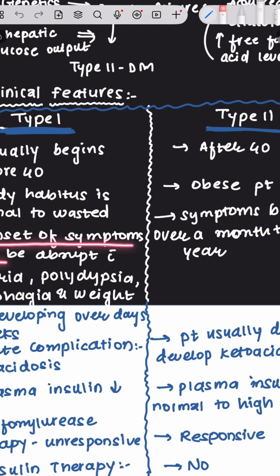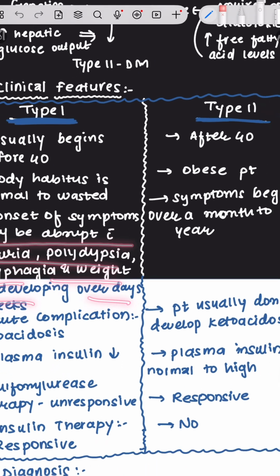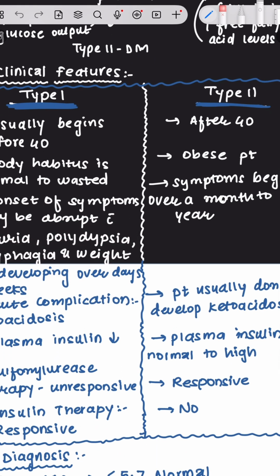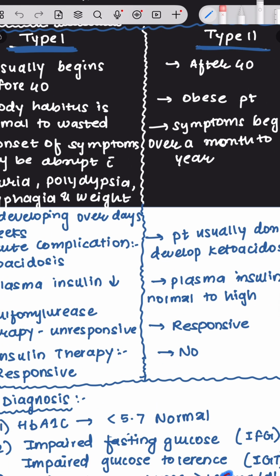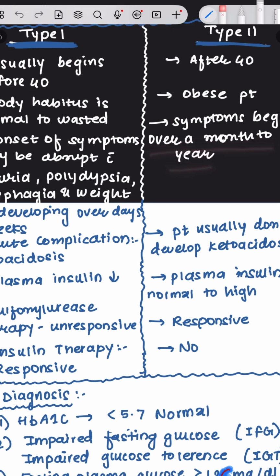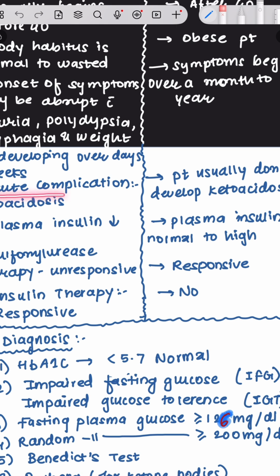Now in type 1, onset of symptoms may be abrupt with polyuria, polydipsia, polyphagia and weight loss developing over days or weeks. While in type 2, the symptoms begin over a month to year, and the acute complication of type 1 is ketoacidosis.